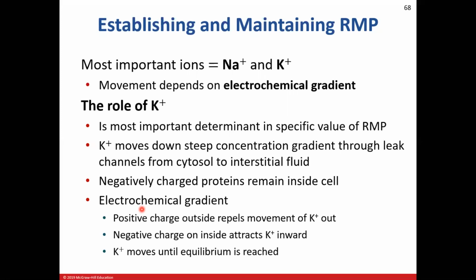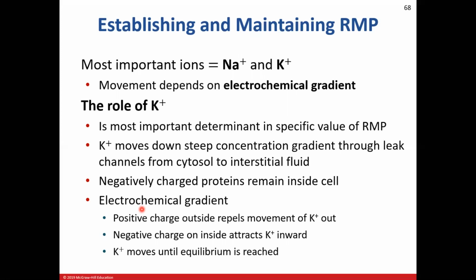We have negatively charged proteins that remain inside the cell. And so the electrochemical gradient has a positive charge outside, and that repels the movement of the potassium ions out, okay? The negative charge on the inside of the cell begins to attract back some of those potassium ions that we're trying to move out.